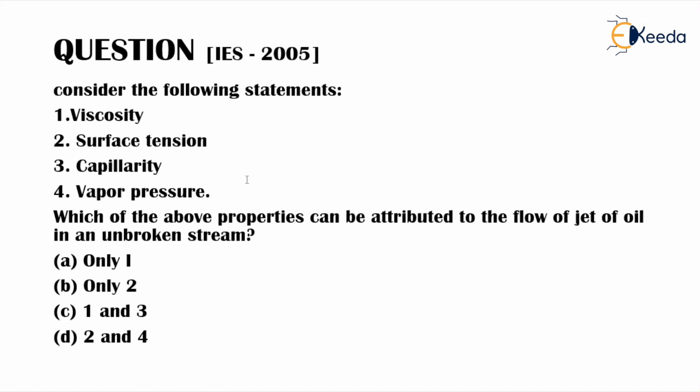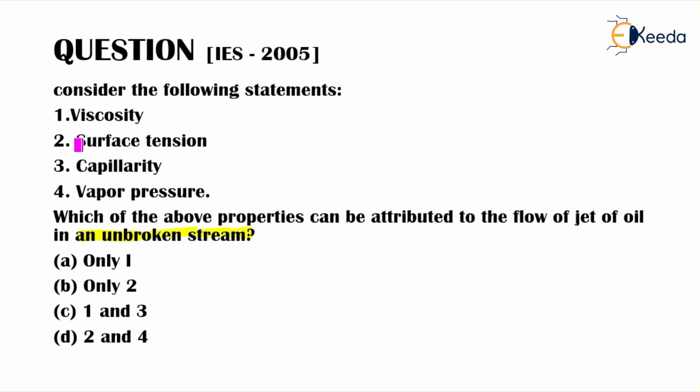Next, consider the following properties: viscosity, surface tension, capillarity, and vapor pressure. Which one of the above properties can be attributed to the flow of a jet of oil in an unbroken stream? That is very easy actually.